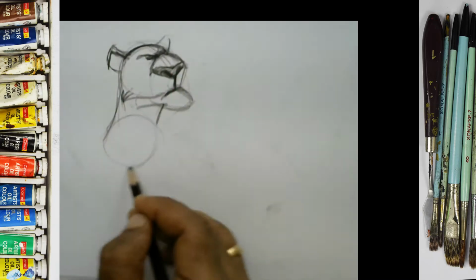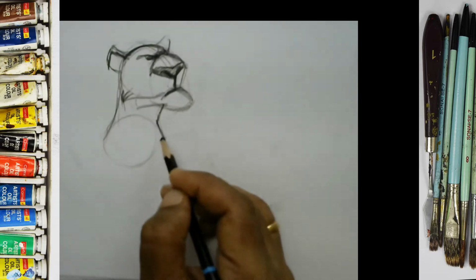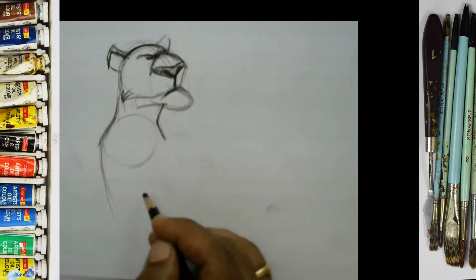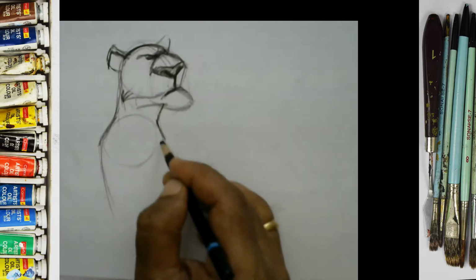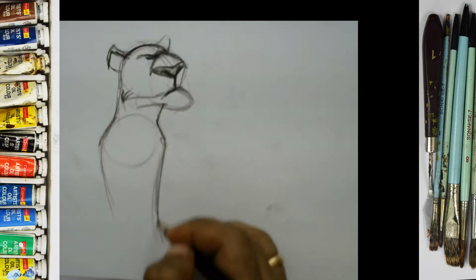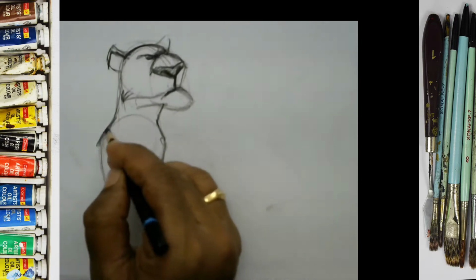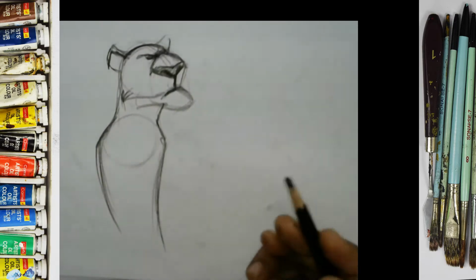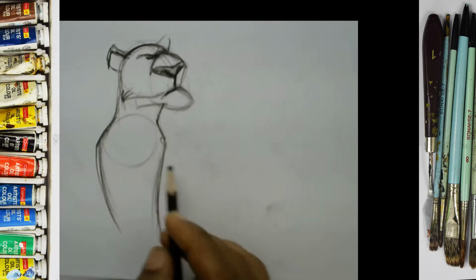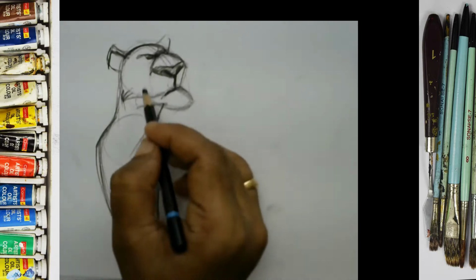The circle first, this is a better way to draw it. Just sketching.